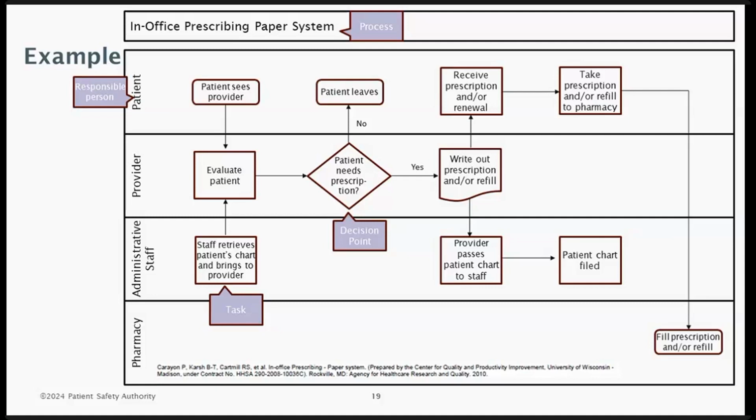That conversation for handoff is one point in the process, but if you use a swim lane like this, you would have to include that step for the inpatient nurse as well as the emergency department nurse. So just be aware that one step might be listed several times with this process.